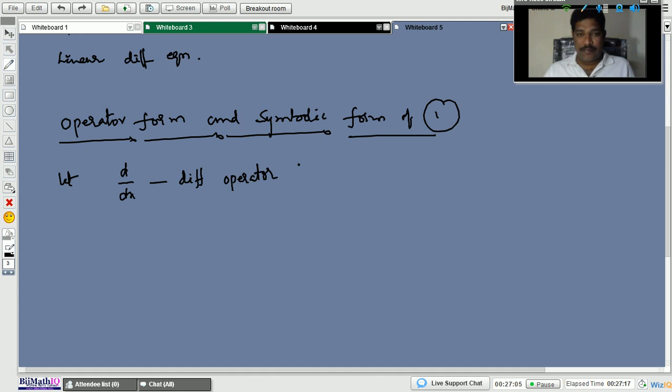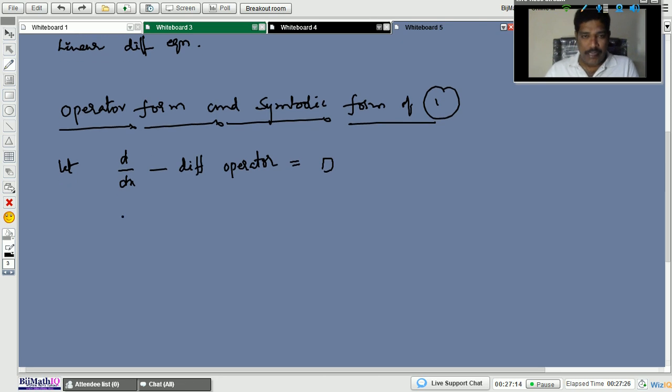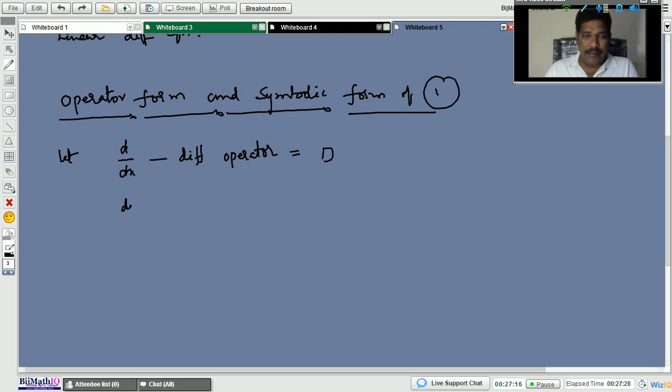This differential operator is simply denoted by capital D. Capital D or d by dx, both have the same meaning. So instead of writing dy by dx, I will simply write operator D y. In the same way, the second order derivative d square y by dx square I write in operator form as D square y.